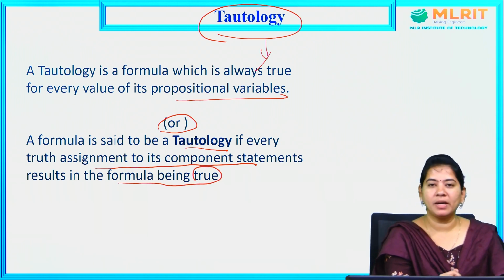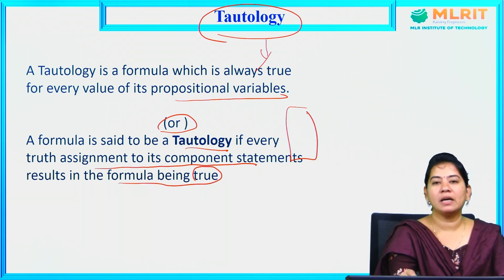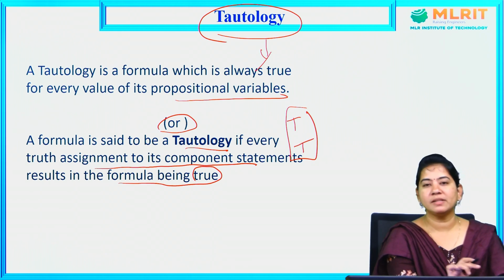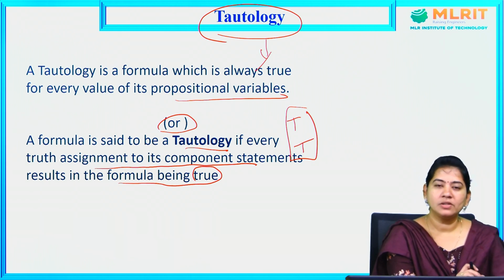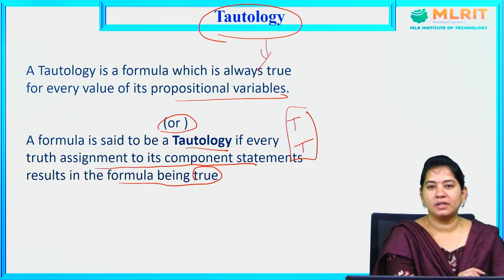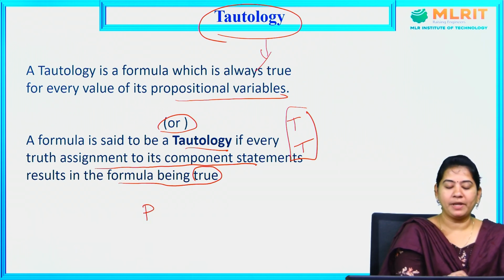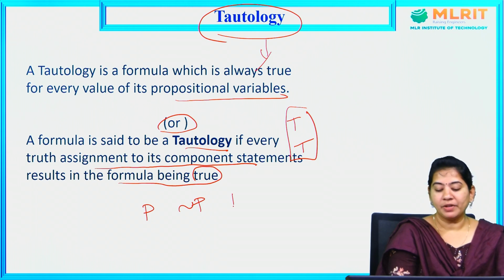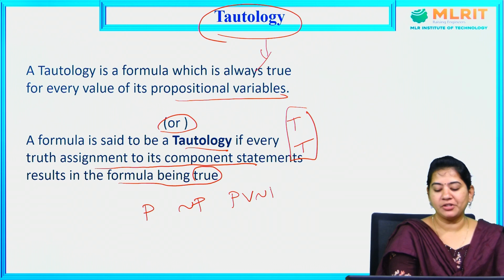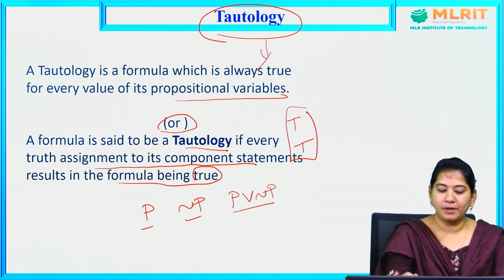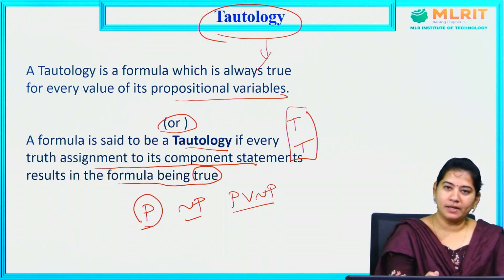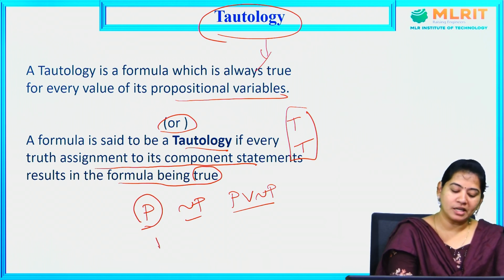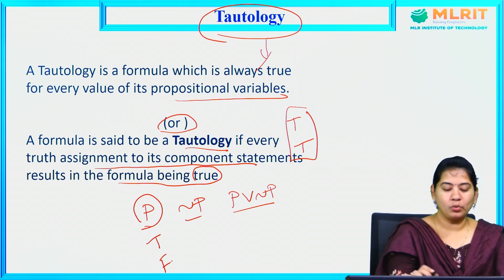That is nothing but if all the resultant truth values are becoming true, then we can say that this is called a tautology. So let us see one example of tautology. Here I am considering P and here I am considering negation P. Let us apply disjunction to both: P, negation P, and P or negation P. As we have only one statement here, the possible combinations are only 2, true and false.